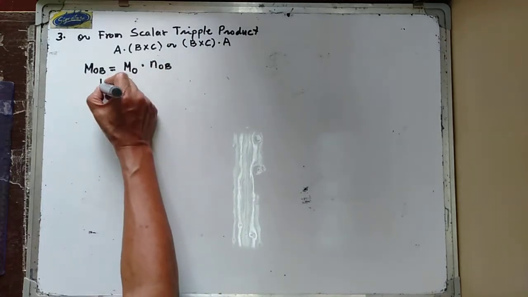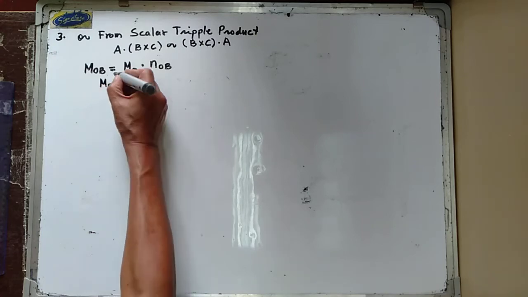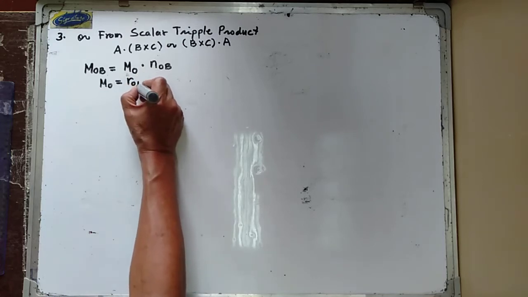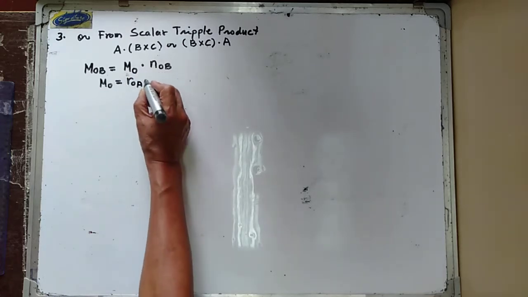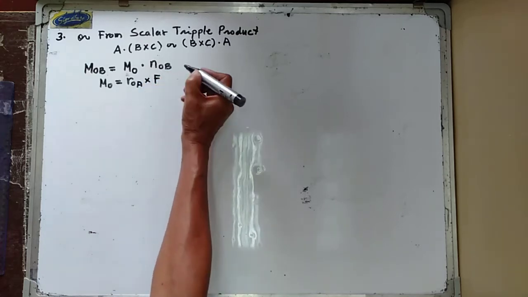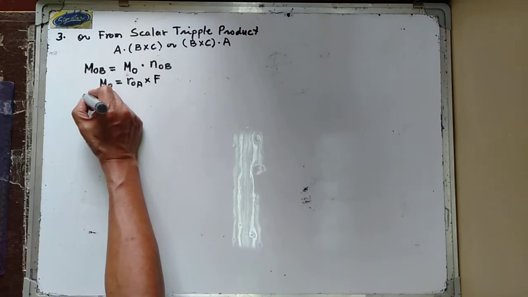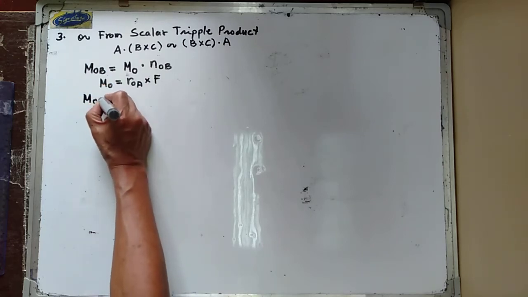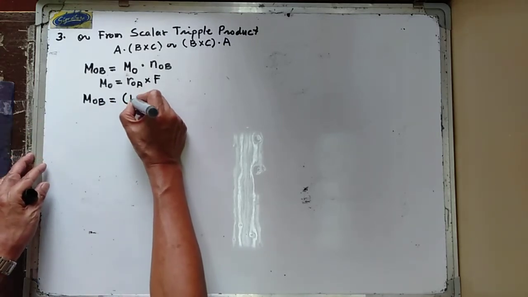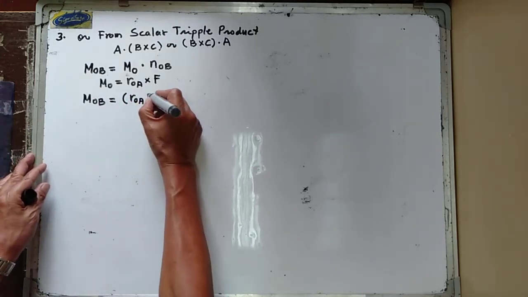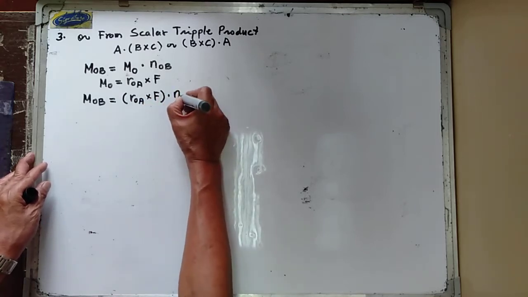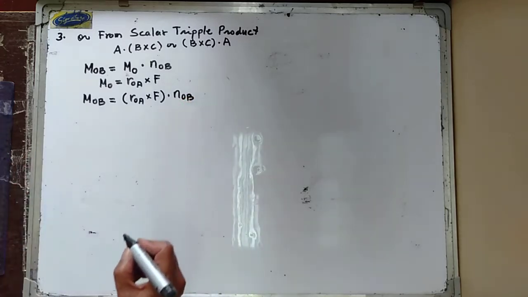But the moment of the vector F about point O is ROA, the position vector, cross the vector itself. So the moment about line OB is the position vector OA cross vector F dot a unit vector OB.